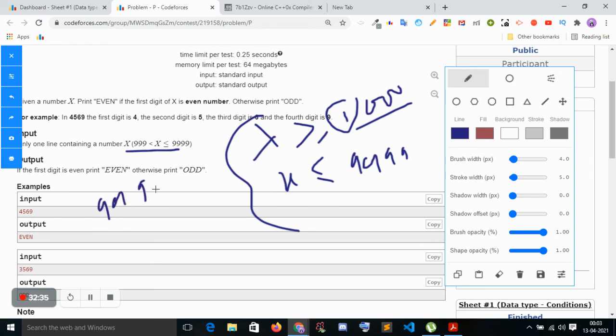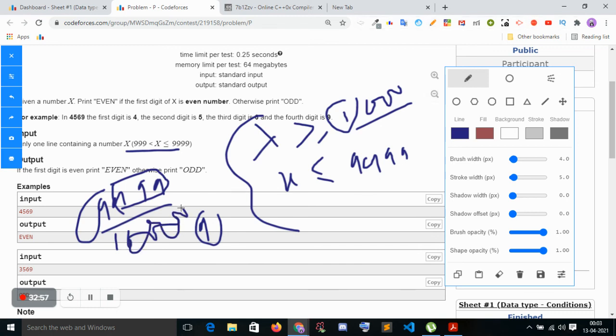If the number is 9999 and I divide by 1000, I get 9, because integer division always takes the integer part, not a float. So it will not consider the fraction. So dividing by 1000, we get the first digit.